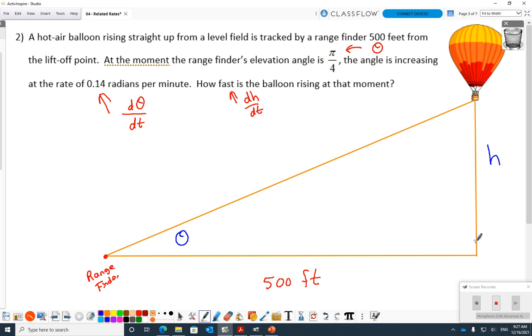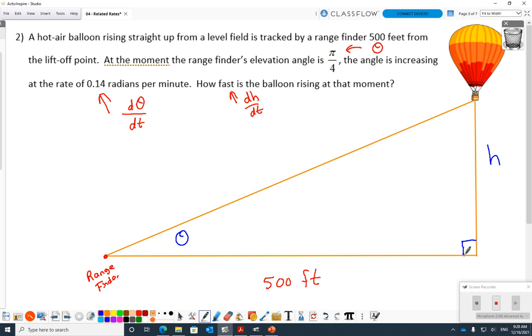They said this thing's going straight up. If you're like, what if it wasn't going straight up? Well, then we'd be using sine law, cosine law. There'd be other choices if this wasn't going straight up. But this is going straight up. Relative to my angle, this side's the opposite, and this is the adjacent. Now, what equation are we talking about? Tan.